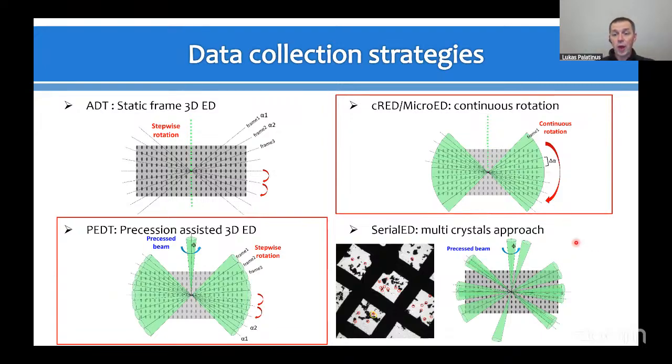Then there is an emerging technique called serial ED, serial electron diffraction, where each crystal gives only one or a small number of diffraction patterns, and, just like in serial X-ray diffraction, the data are combined from many crystals. It can be a few thousand crystals in one data set. I will focus mostly on continuous rotation, but also on precession techniques. There are no big differences in the data processing between these two.